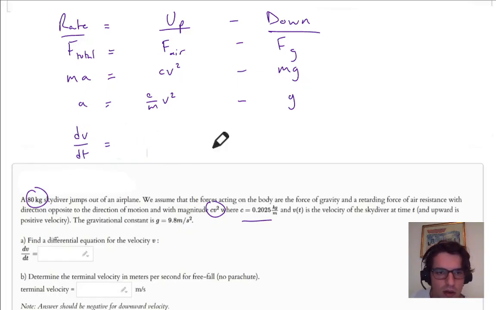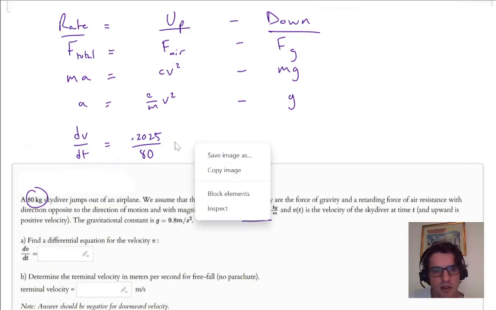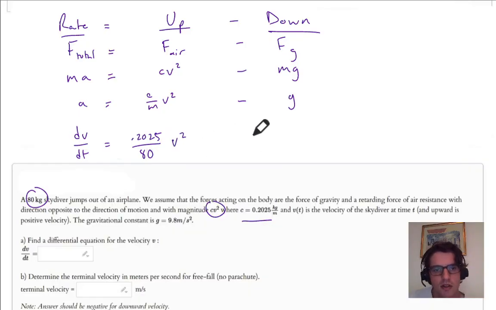And this time we know C is 0.2025. The skydiver is 80 kilograms. We have v squared, 9.8. So once again, there's a differential equation. Determine the terminal velocity in meters per second for free fall.